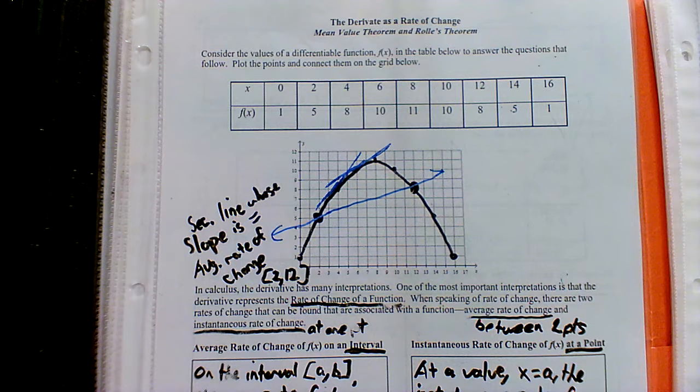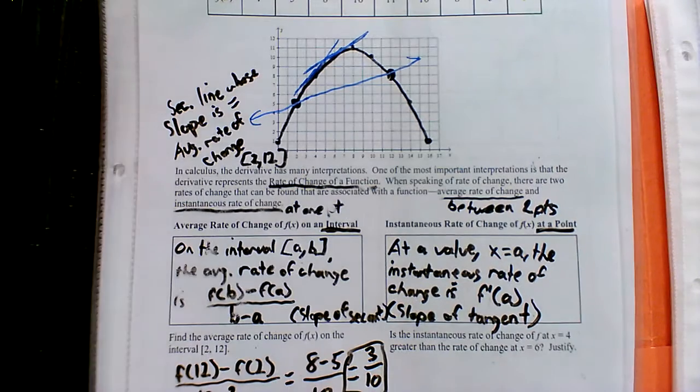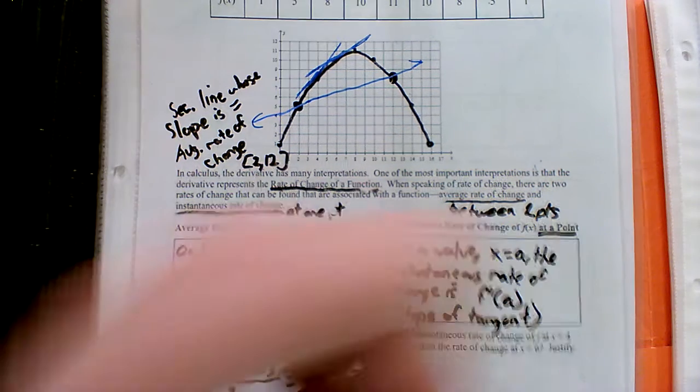From looking at our two tangent lines, what can we justify? Which one has a greater rate of change? And how do you know it's greater? Yeah, it's steeper, exactly.